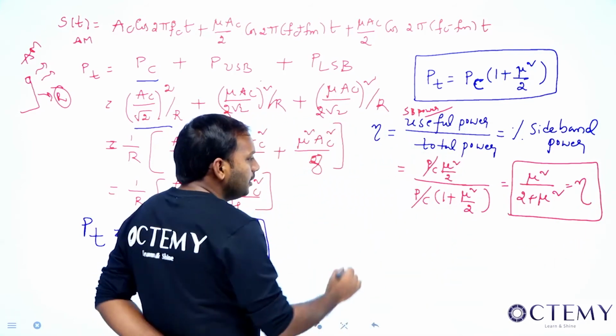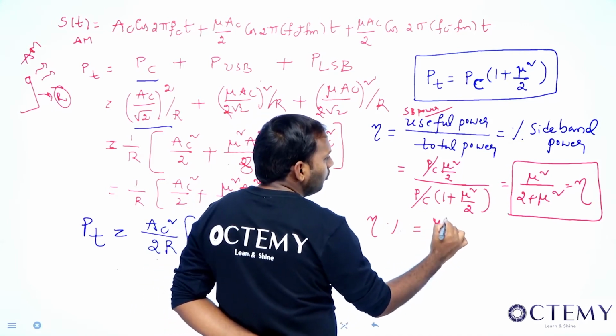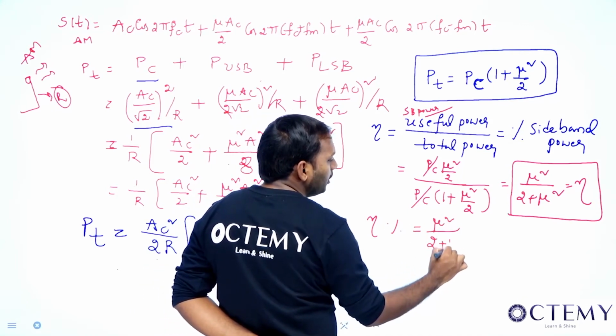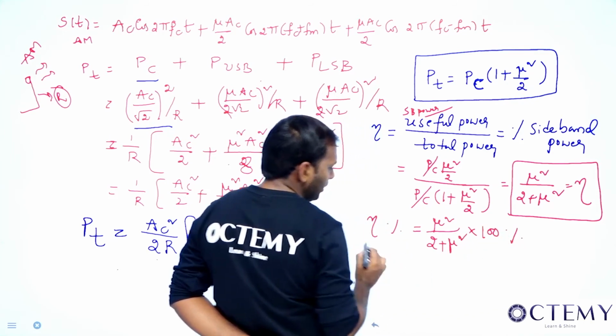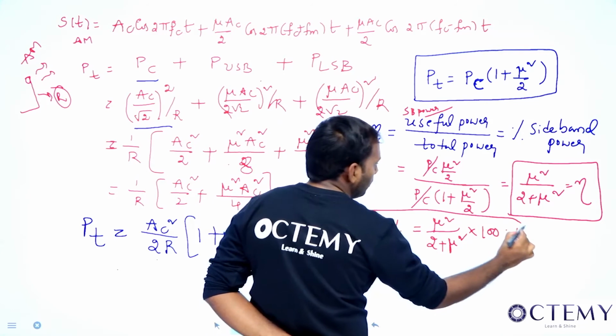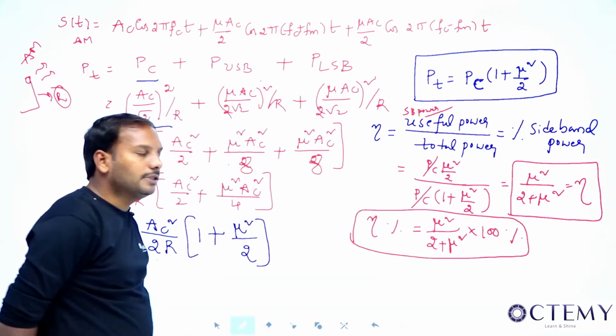Efficiency in percentage is equal to mu square by 2 plus mu square into 100%. This is the efficiency.